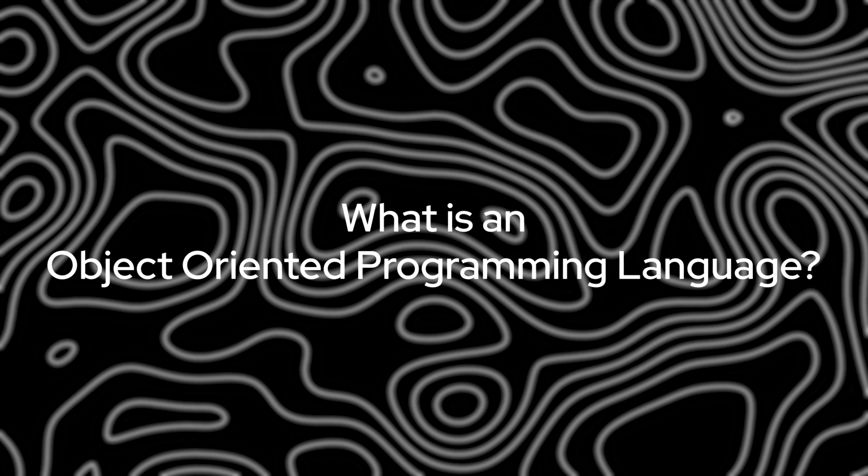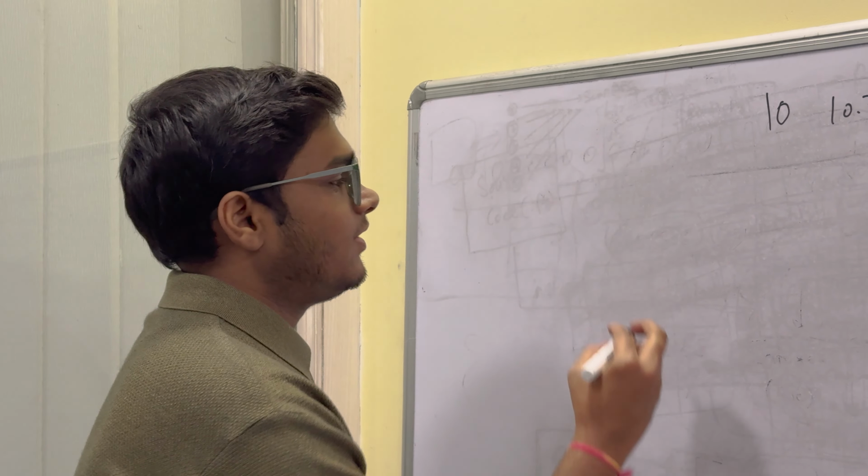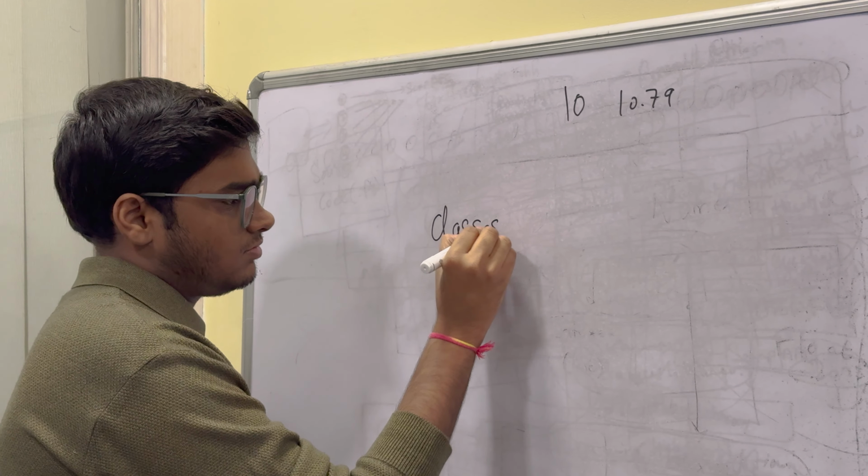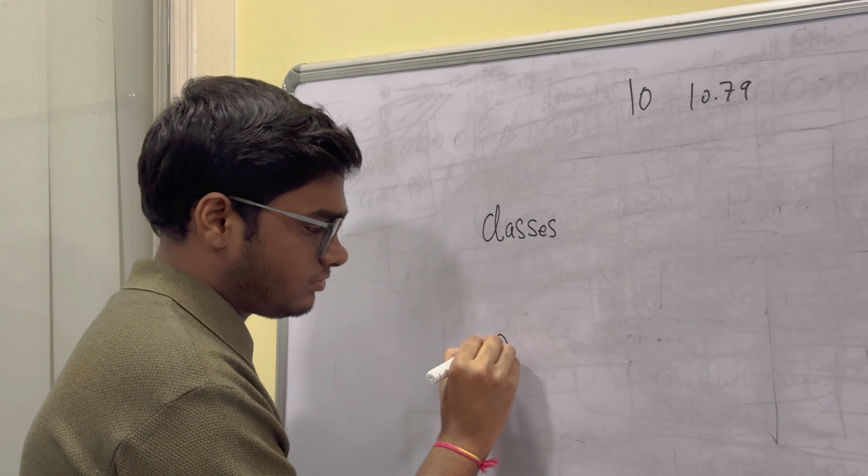Because in the previous video, we have only covered things which are special about Python. But before that, let me cover some basic concepts. Now, Python is an object-oriented programming language, which you all know. Now, what is an object-oriented programming language? It has two things. One is classes and one is object.